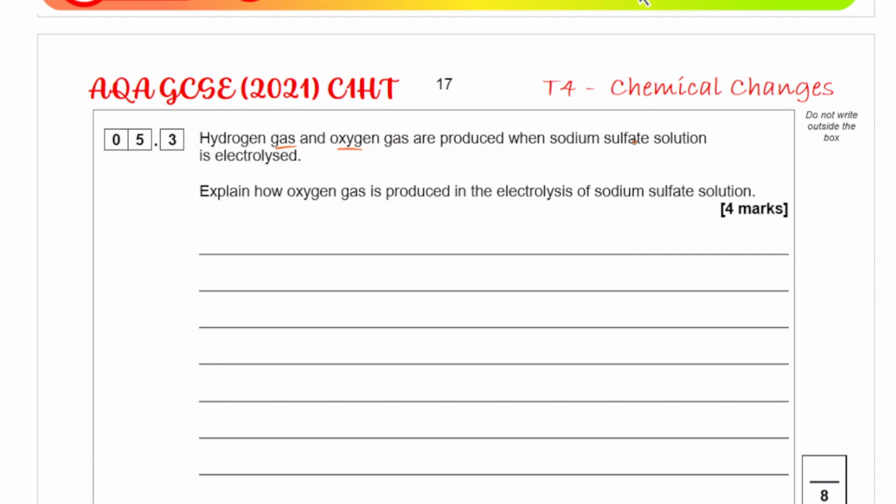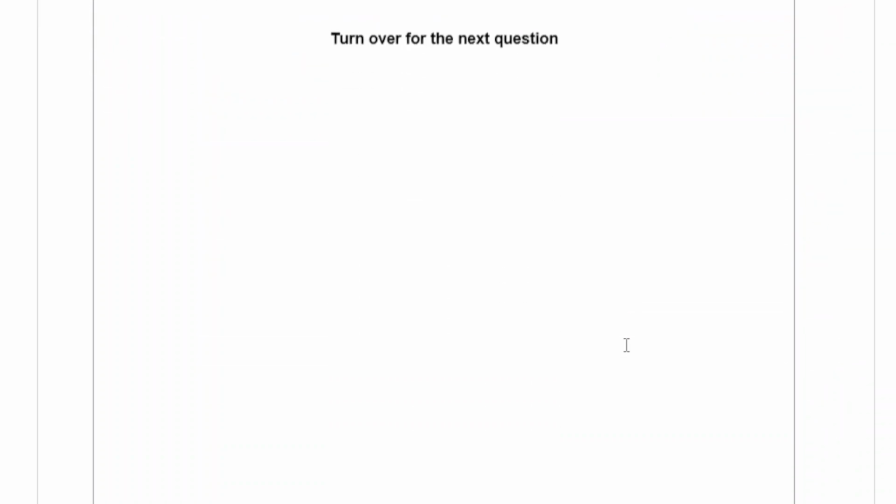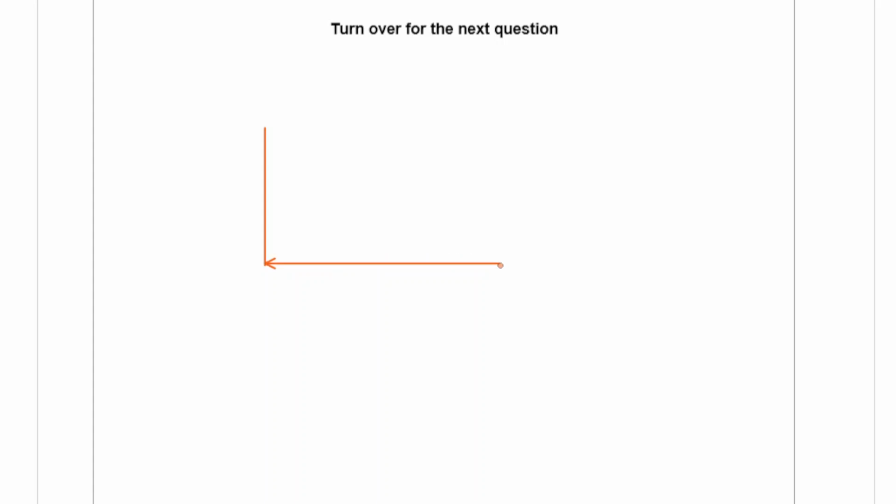Now, sodium sulfate has the formula Na2SO4. So in solution, we use this space to describe this. So let's say that's a container that I have the sodium sulfate solution in.